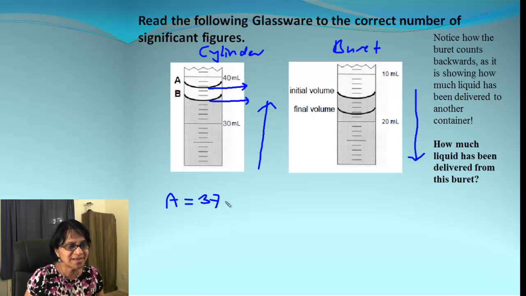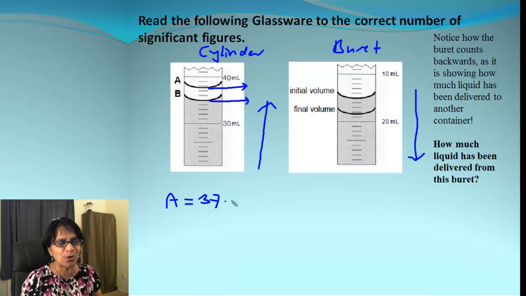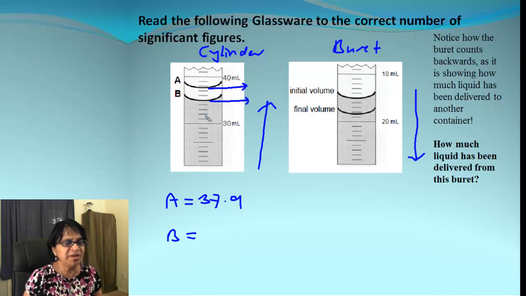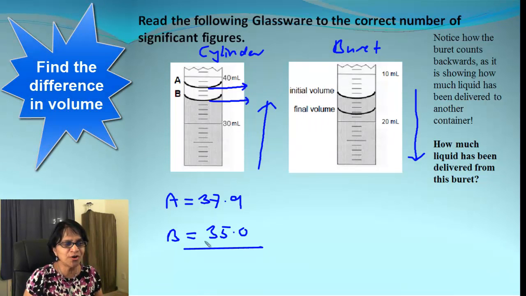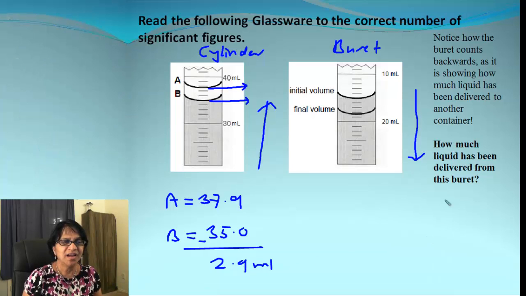So we are sure about 37, and since it's closer to 38, let's put that as 37.9. What about B? B is exactly coinciding with 35, and in that case we also add 0. How much volume did we transfer? We subtract those two values, which is 2.9 milliliters.